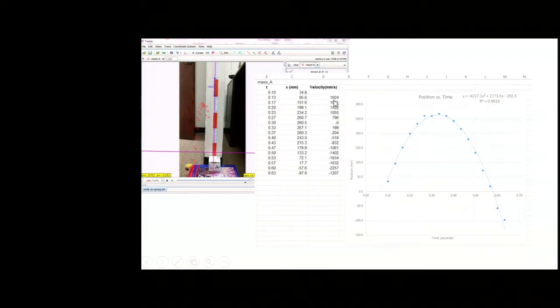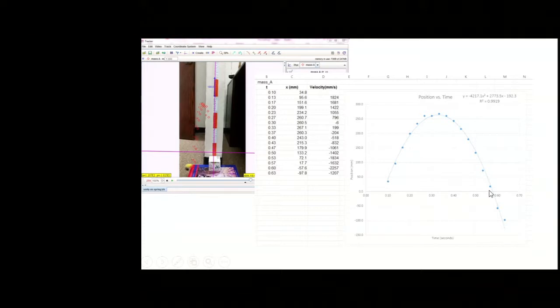I can calculate a velocity because I can take the difference between two points and the difference between the times and calculate a velocity. That's my velocity in millimeters per second, and I can do that for the entire part. When I flip over the top, I'm now going in the negative direction. So I can do a velocity versus time plot, and a position versus time plot.